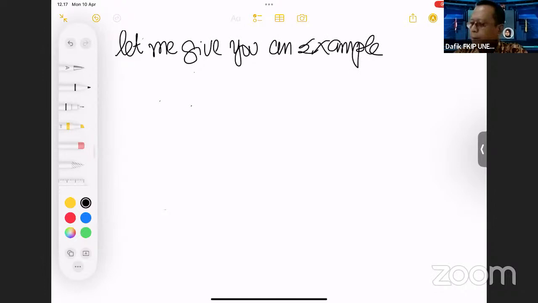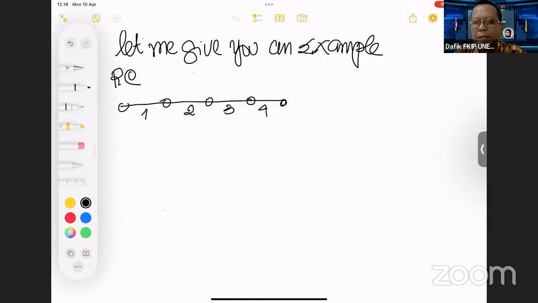First of all, we talk about rainbow coloring. If we have a path, then for rainbow coloring, we start assigning colors from each element of a graph. That's rainbow coloring.